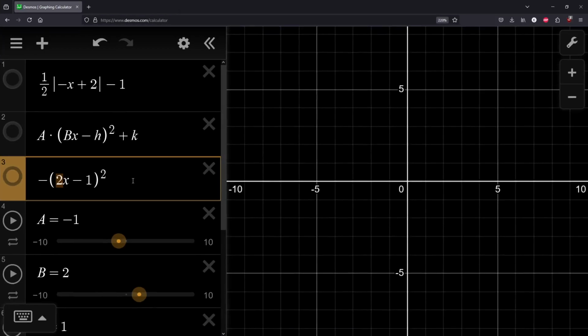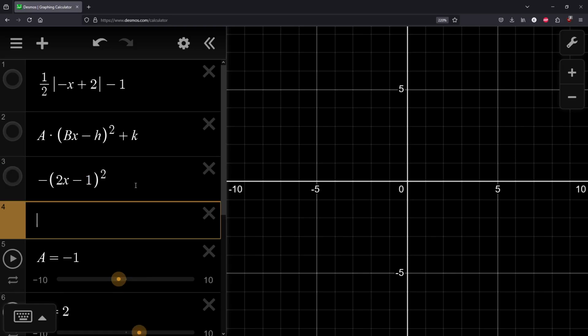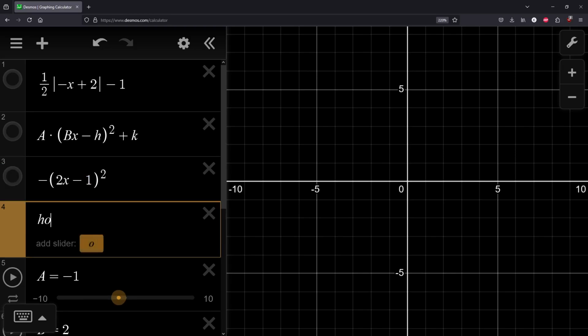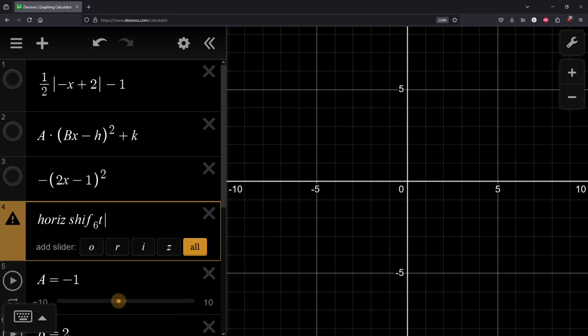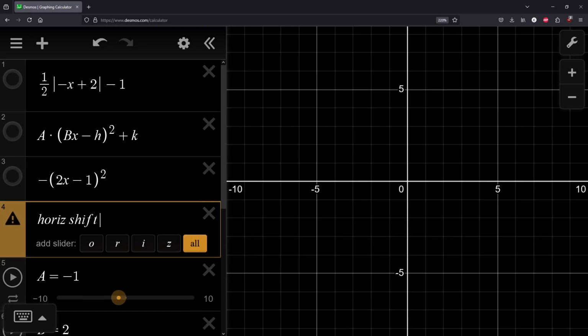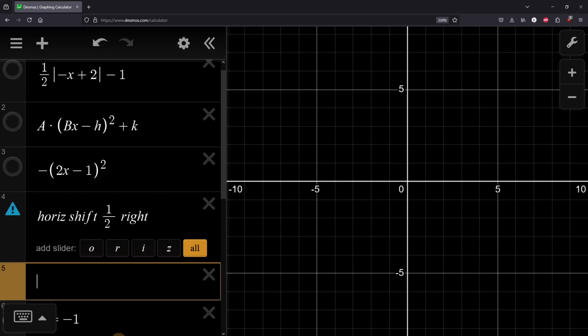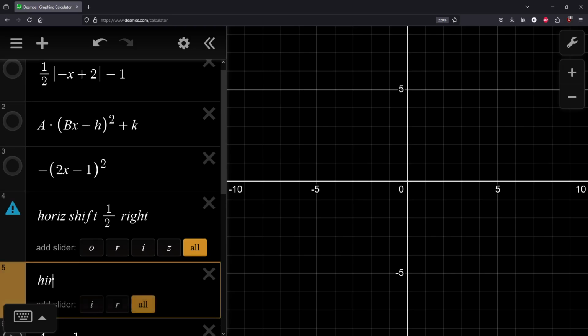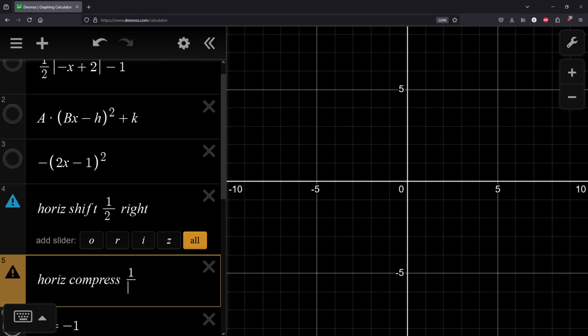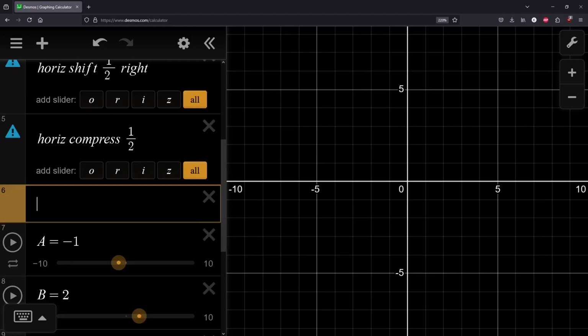Going back over here, I think this works. Our shift is 1/2. We said that since it's negative, it must be to the right. Our compress is by 1/2 as well.